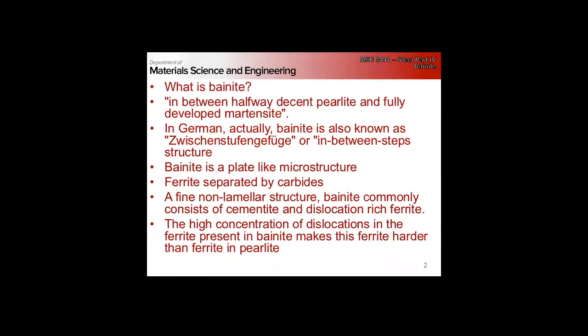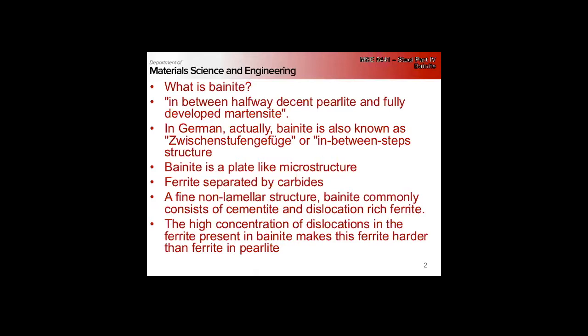It's not particularly well defined, right? Basically, it's something that's halfway in between pearlite and martensite. It grows by a shear mechanism with diffusion.